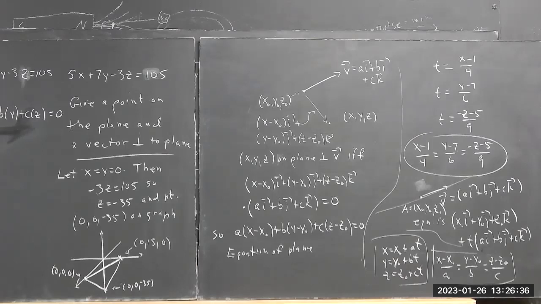Well, this tells me that A is a coefficient of X, B is a coefficient of Y, and C is a coefficient of Z, right?